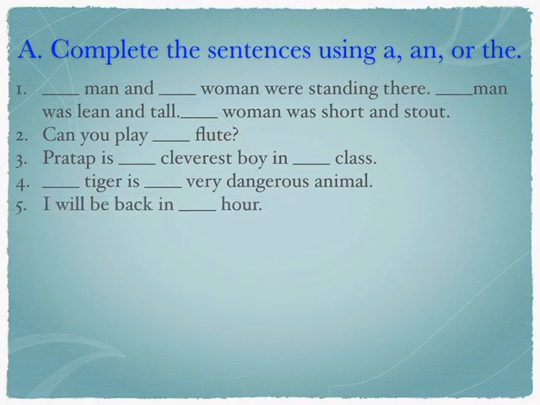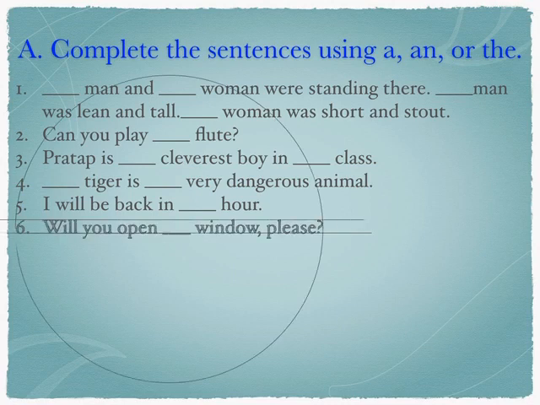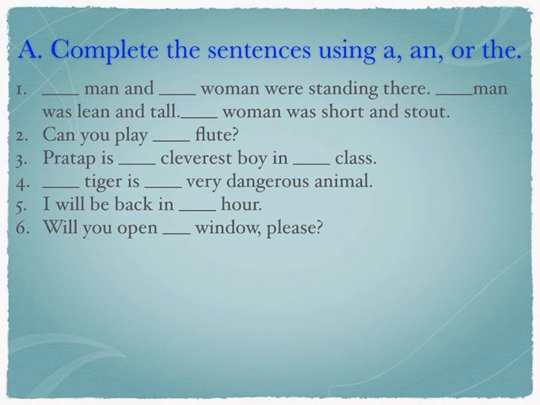I will be back in dash hour. So here H is a consonant letter but the sound is a vowel sound, so that's why here "an" will come. Next, will you open dash window please? Now you are very sure about that particular window, so that's why in this blank "the" will come.